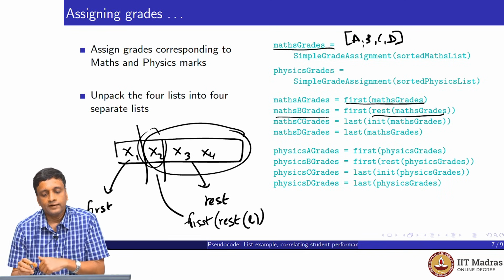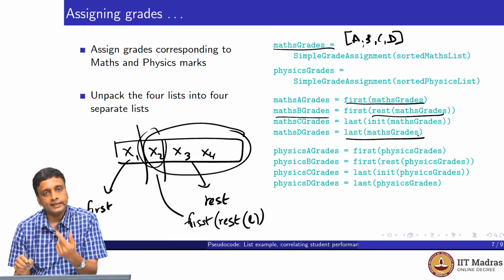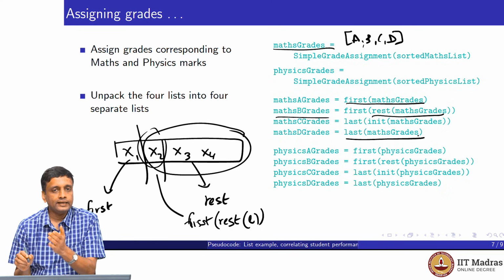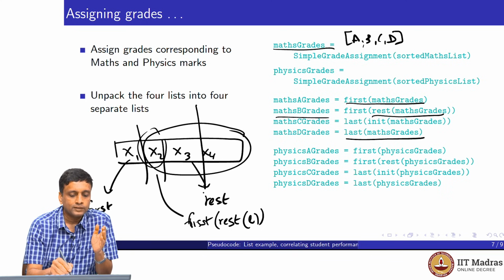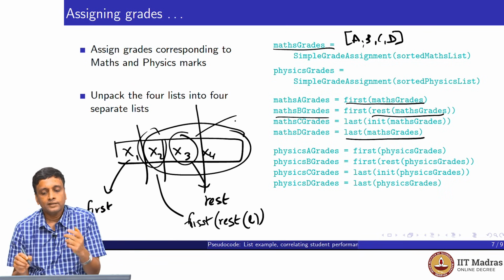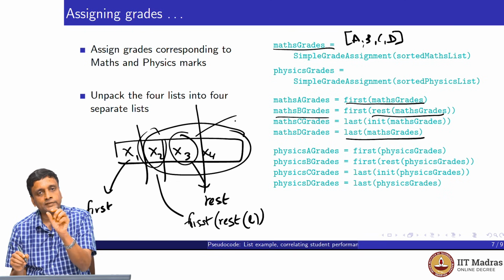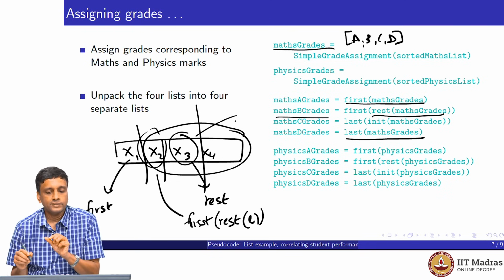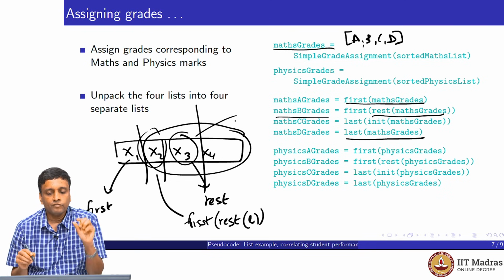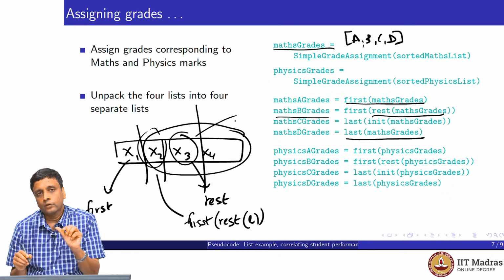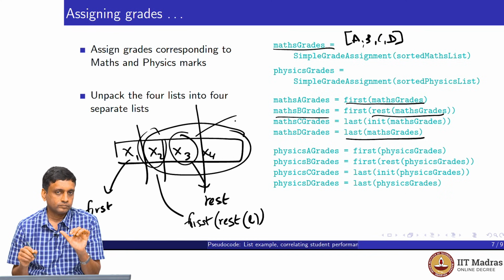Similarly, from the other side, if I take the last value, I get the D grades, and if I take the init of that, then I get up to the third position, and then the last of the init is the third position, right. So the init will give me 1, 2, 3, and last of that will give me 3. So that will give me the C grades. So by this clever use of first and rest and last and init, we can extract these four quantities.